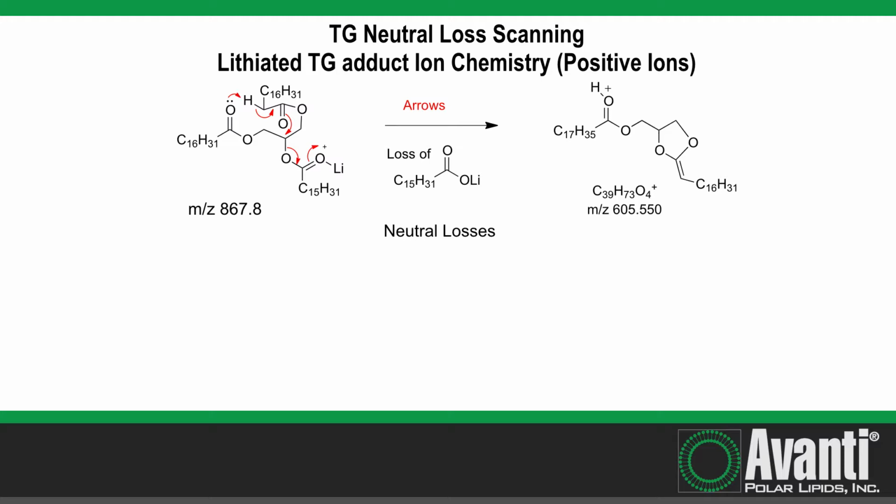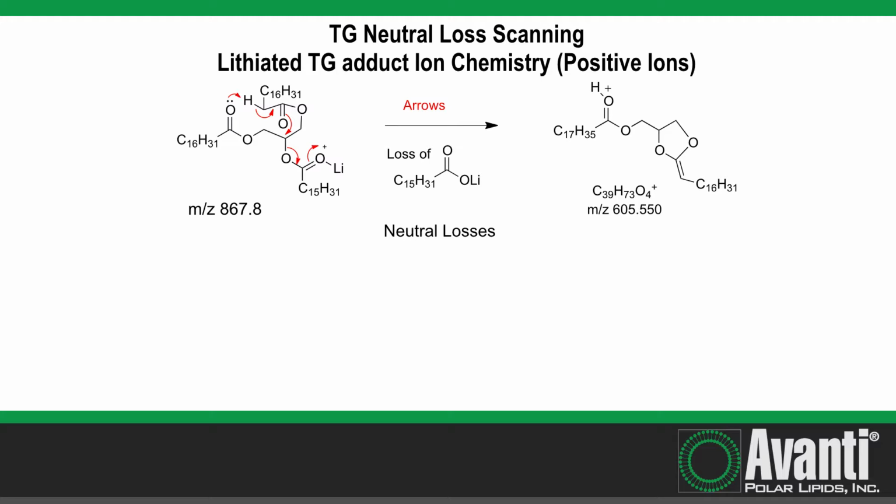And when you collisionally activate it, by those arrows, it loses the lithium salt of the carboxylic acid to form this cyclic structure here, and that's the product ion. Now, the loss is a neutral loss. In this case, it's not a charge. So what you have to do is you have to actually link the two sectors of the mass spectrometer to do this neutral loss.